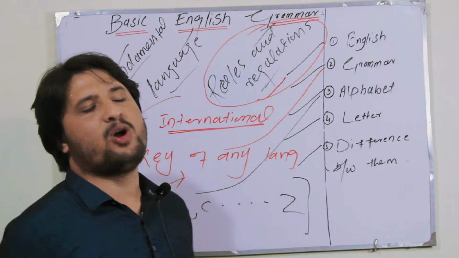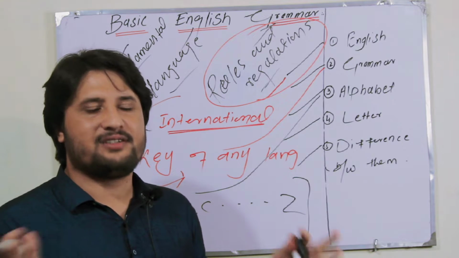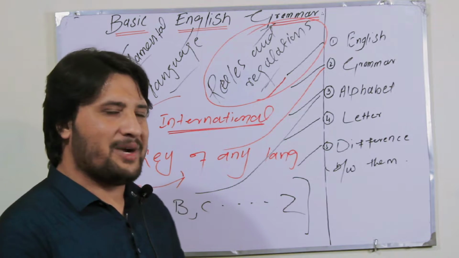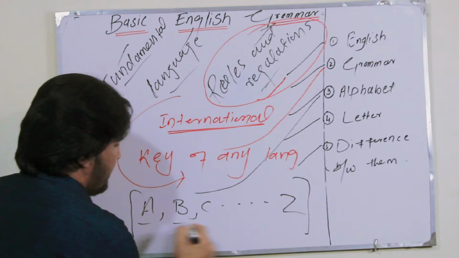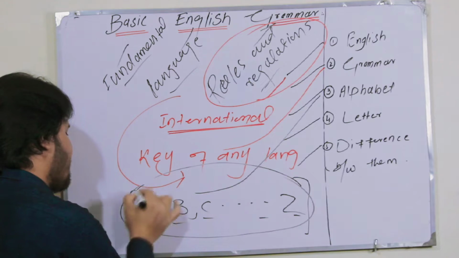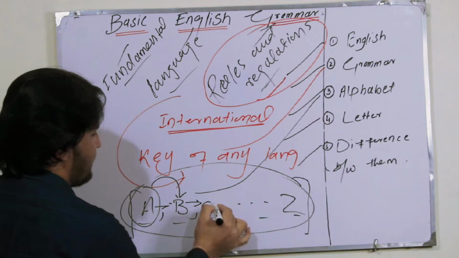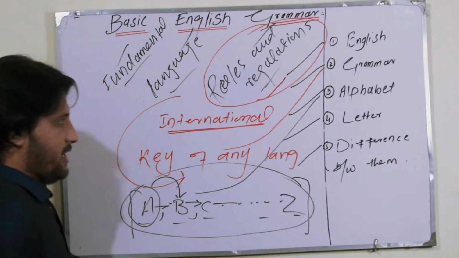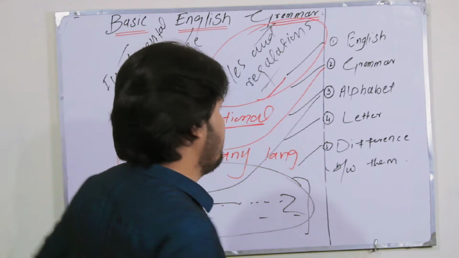You might have heard about a dinner set, or sets of other things, which are similar but different, or enormous in quantity. So A, B, C up to Z is a set of letters. It has also been arranged in a fixed order, like A is followed by B, followed by C, up to Z. This is called the alphabet. It is a set of letters.